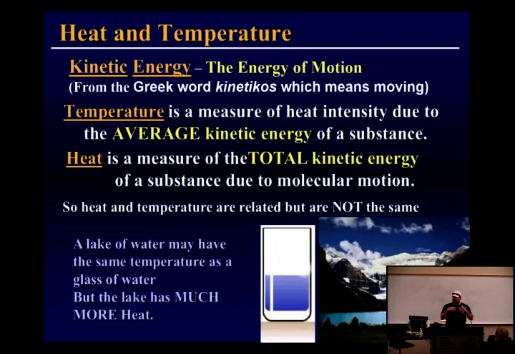So the average kinetic energy in a system is what we call temperature, and it's not the other way around. You have thermometers. What happens when it gets warm outside? It goes up, right? Why does it go up?